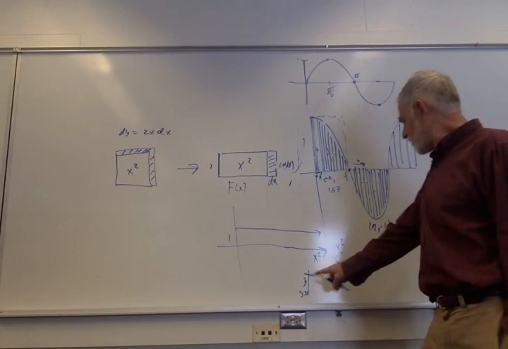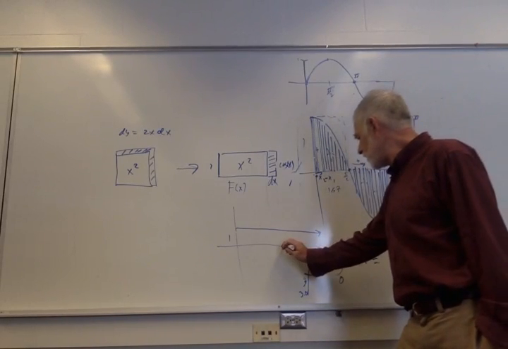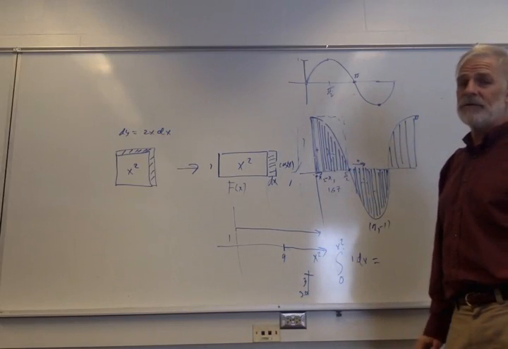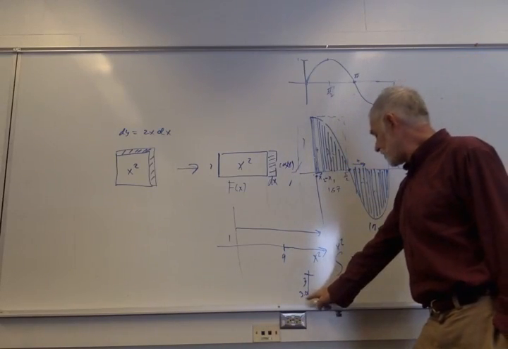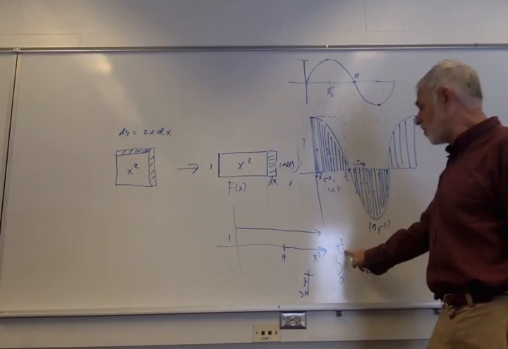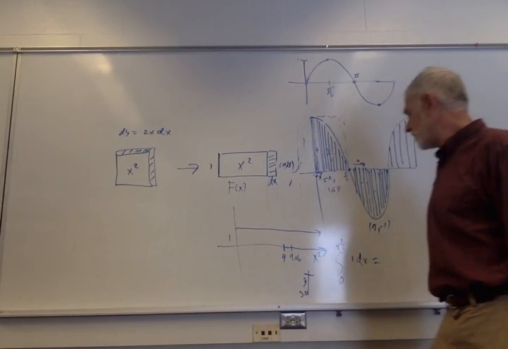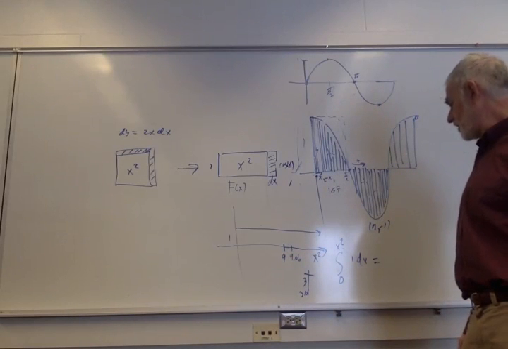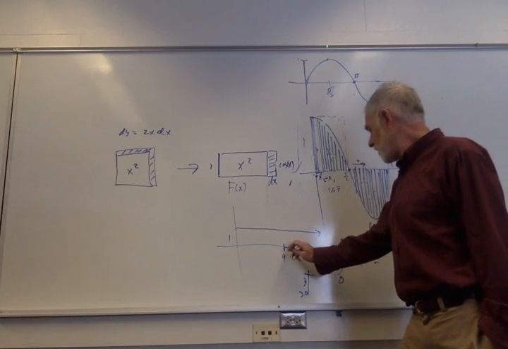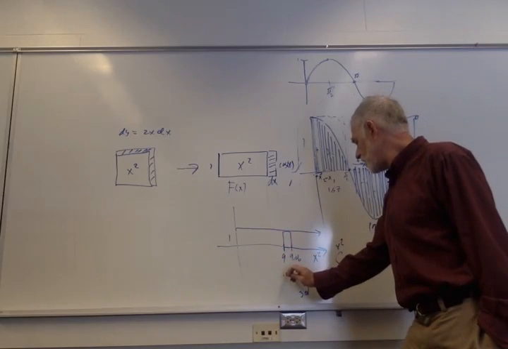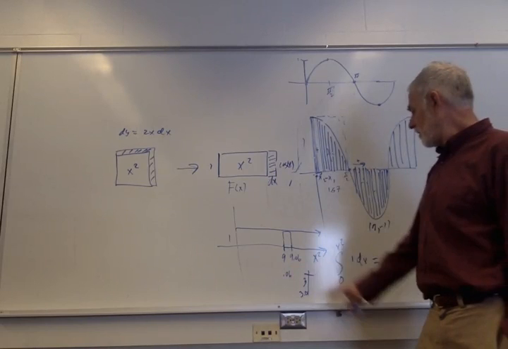So when x is 3, 3 squared is actually 9. So we're not at 3 anymore. We're not in Kansas. When x is 3.01, 3.01 squared is actually 9.06. And 9.06 minus 9, 0.06, is the width. And the height is still 1.